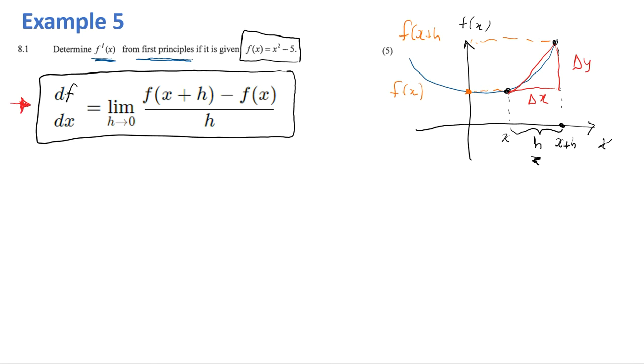So in this case, this delta y is, well, you can see it over here. It's this top value, f at the point x plus h, minus this f at the point x.